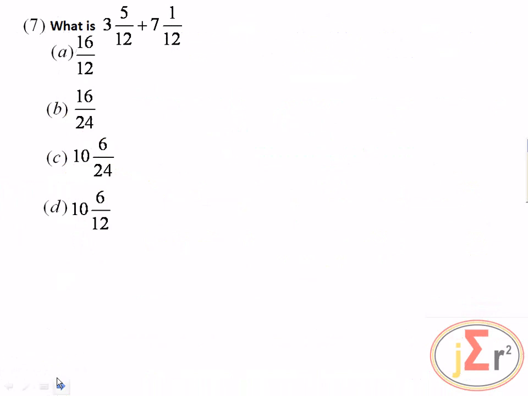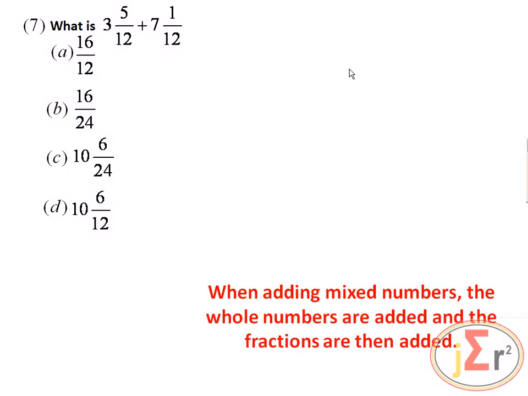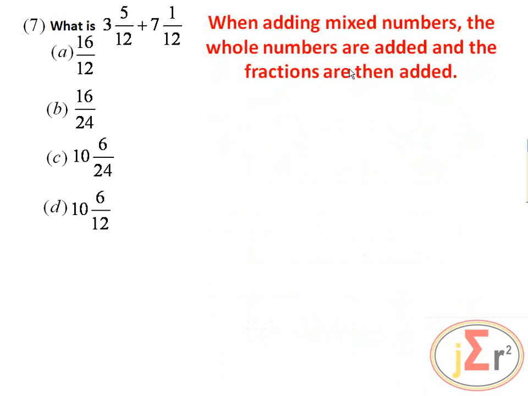Now, this problem that we have, there's no need to give it a particular outline. It may be just written as it is. When adding mixed numbers, the whole numbers are added and the fractions are then added. So what we have here, 3 and 5/12, 7 and 1/12.